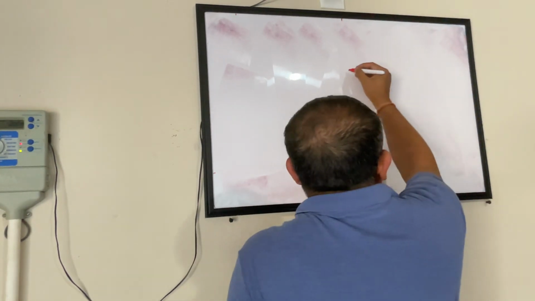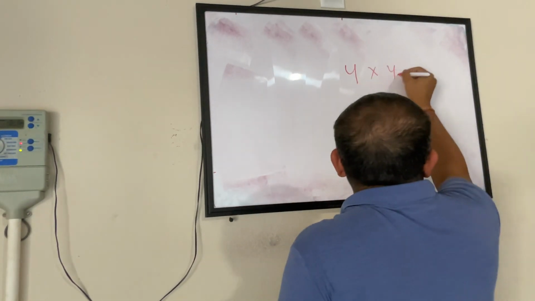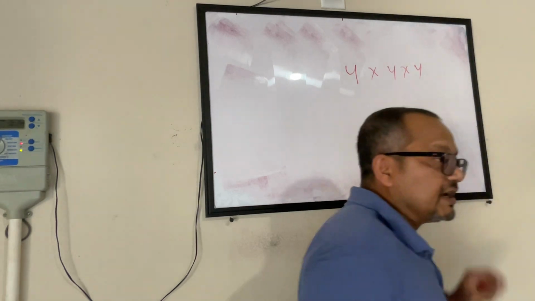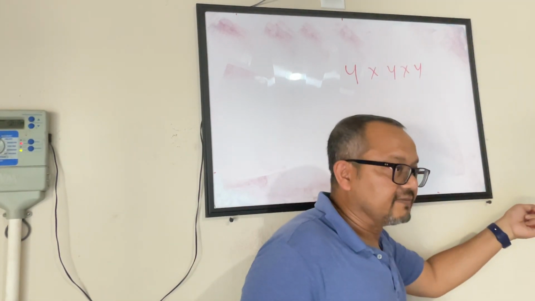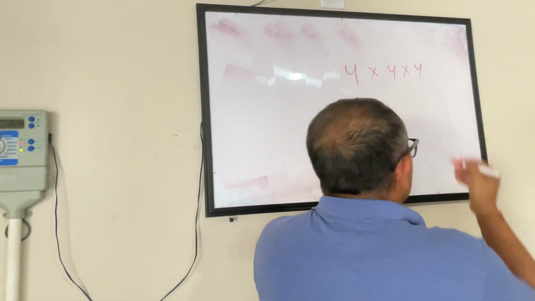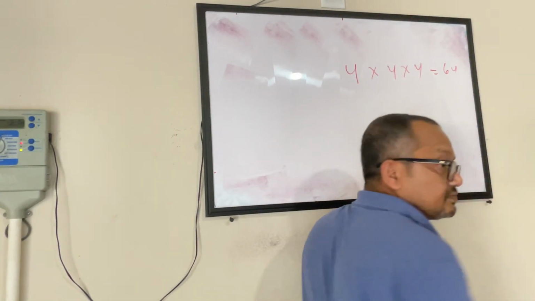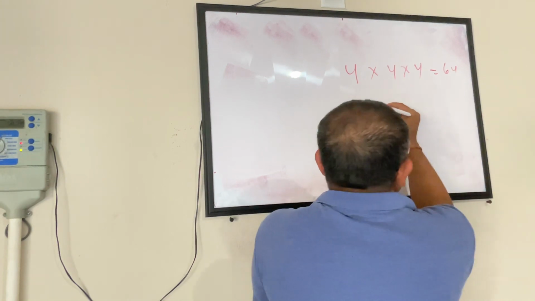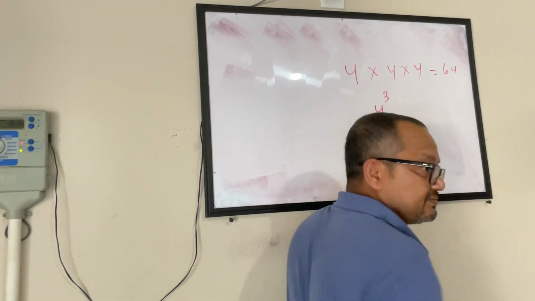Now, let's have some more fun with that. If I have a number to be multiplied 3 times by itself, I can write it like what you were saying, so it becomes 64. I can also write this as 4 to the power 3.